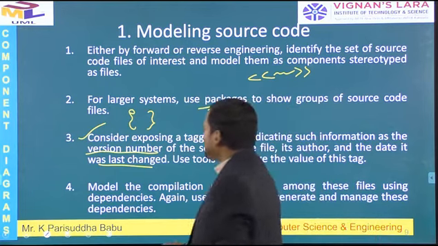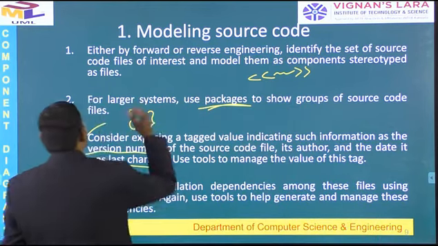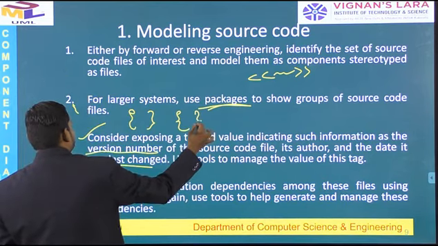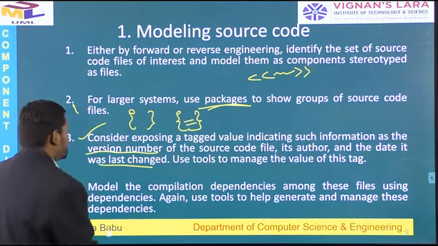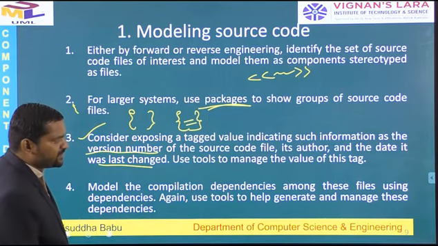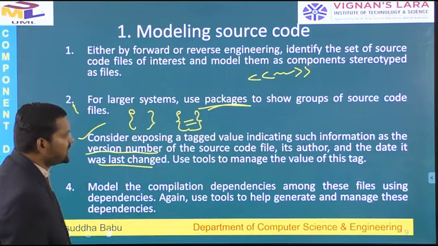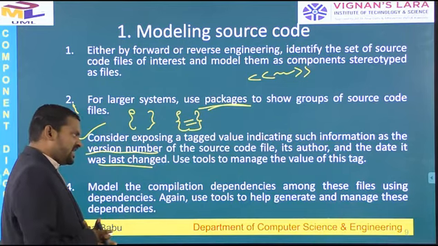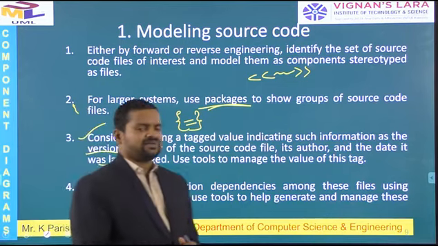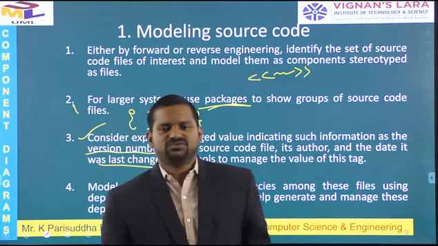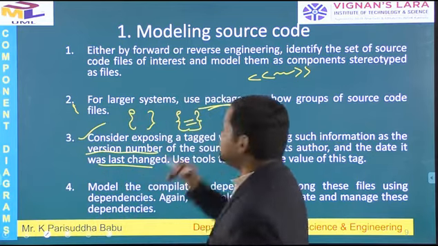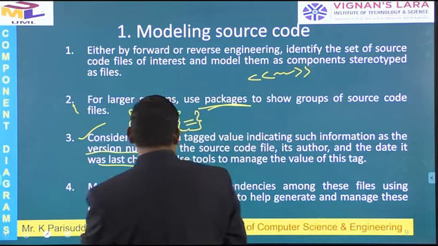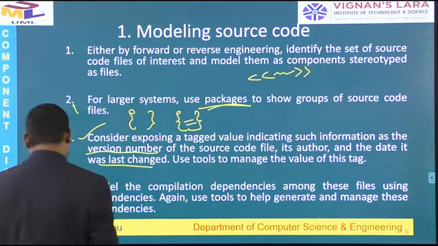There also you provide that information in between these brackets. And also model the compilation dependencies. These files use dependencies, and again you may use some tools to help generate the relation of the compilation dependency in the source files.